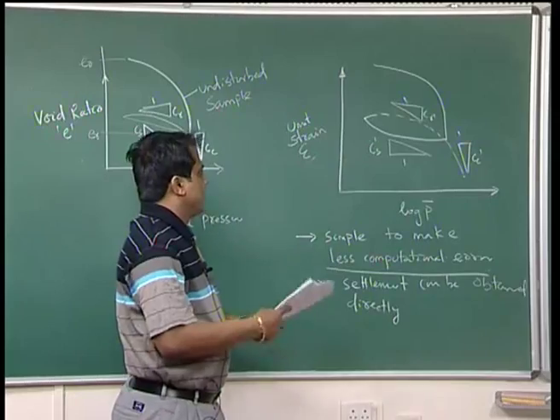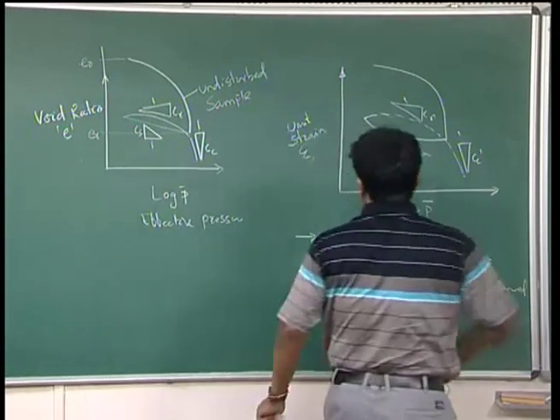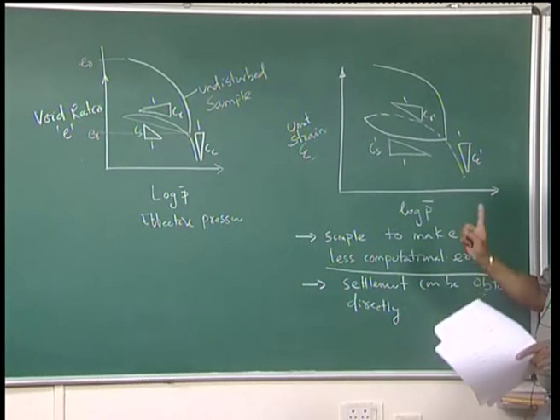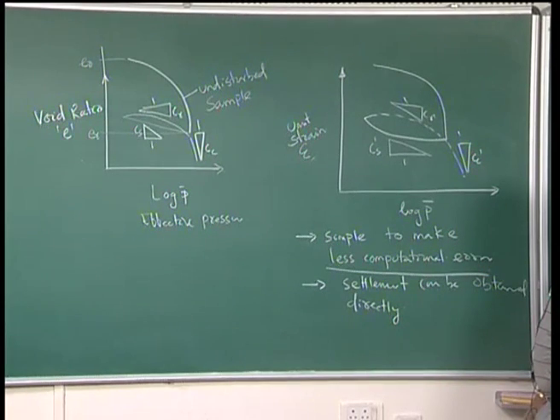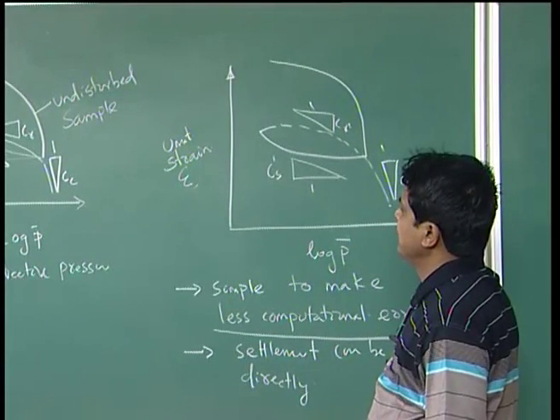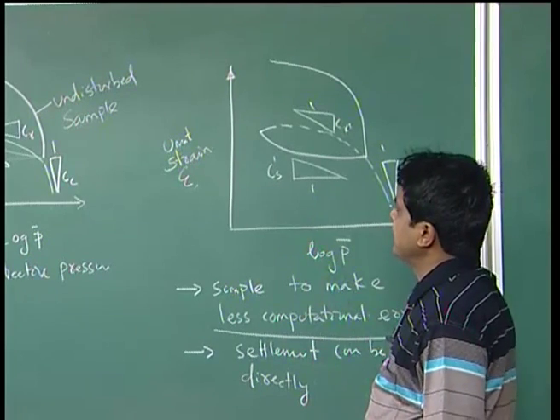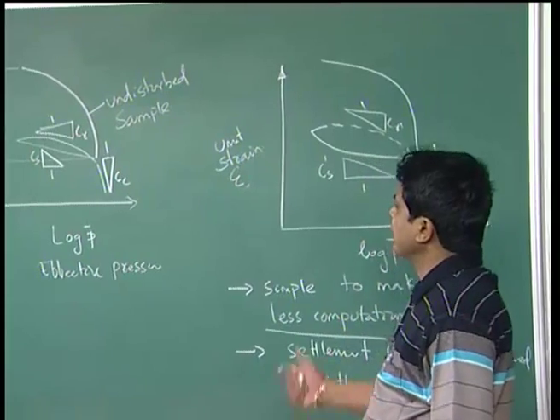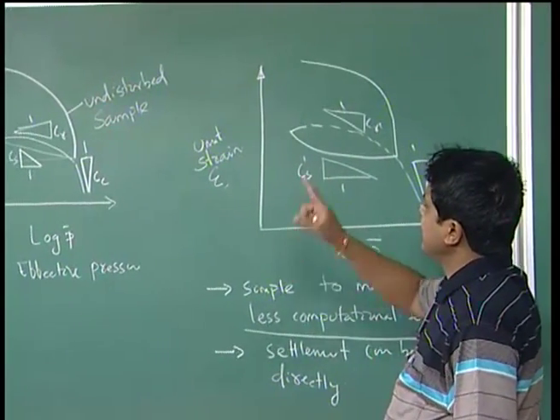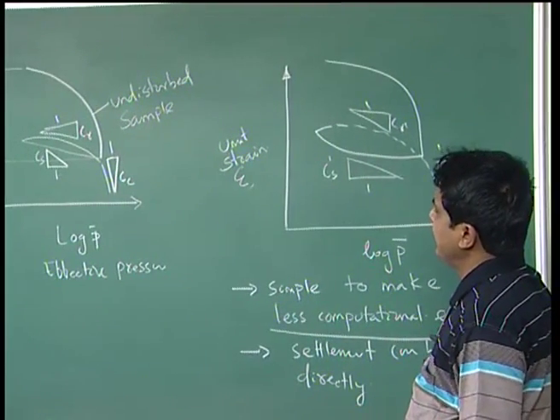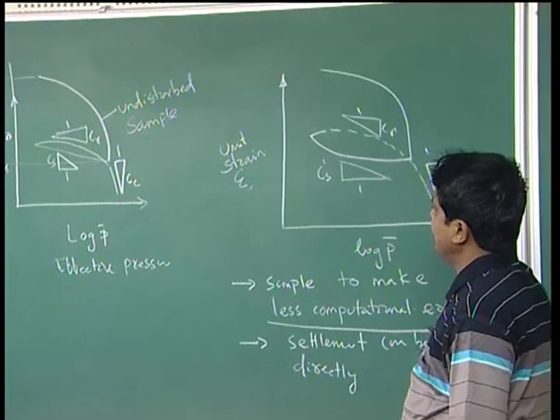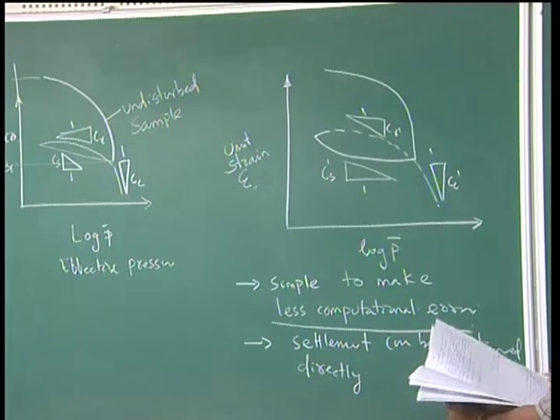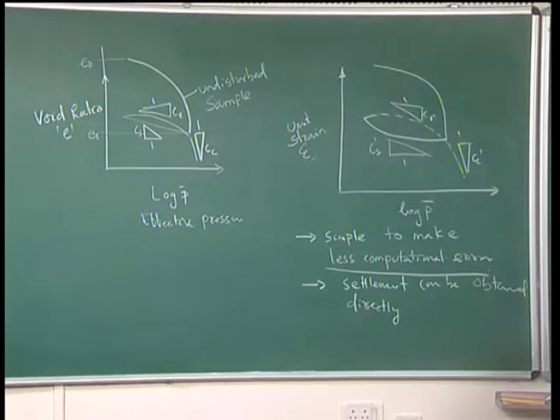Now our next step: these are all undisturbed samples from the field. There is an error between field and lab when you do the laboratory odometer test, because overburden pressure is lost as well as other constants. So certain corrections have to be applied to your e versus log P. Before I go for those corrections, how to find the pre-consolidation pressure?